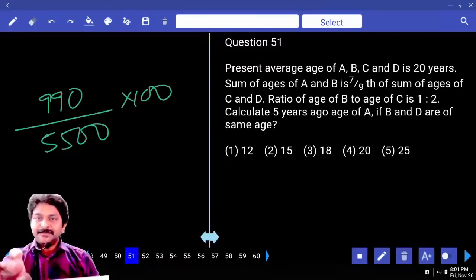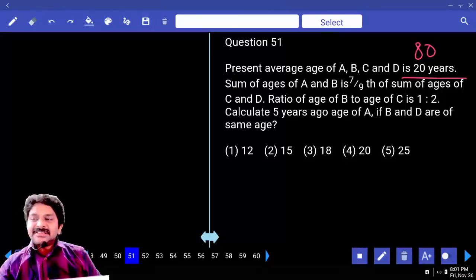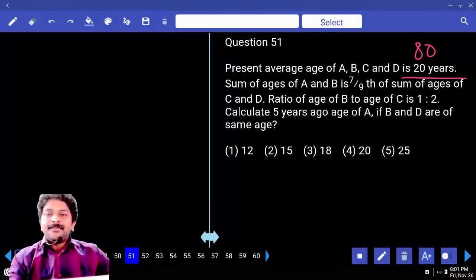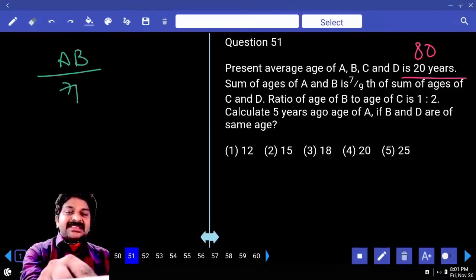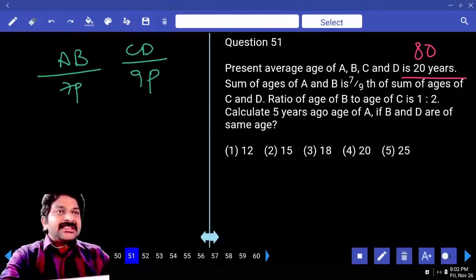Okay, right. So now from the first statement, the average of 4 members is 20. That means the sum is equal to 80 only. The sum of ages of A and B is 7/9 of the sum of C and D only. From this, can I take AB as 7 parts, CD as 9 parts? Can I do like this?